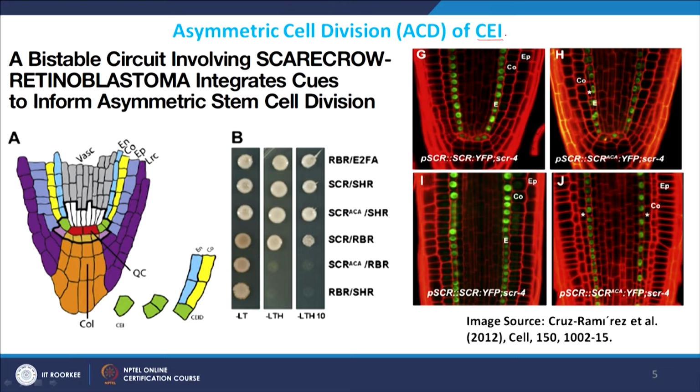If you take the differentiation of cortex and endodermis, we just said that the cortex endodermis initial cells undergo asymmetric cell division, but what are the regulators? If you recall your previous class, these two proteins are very important, short root protein and scarecrow protein. They help in regulating not only stem cell maintenance, but also in giving a specific identity to endodermis.